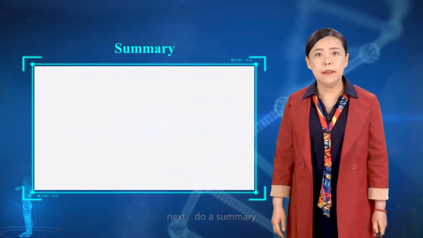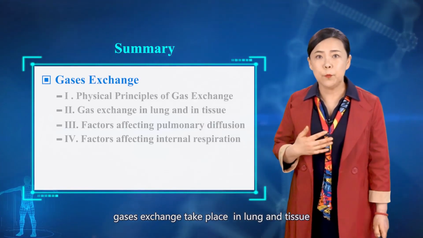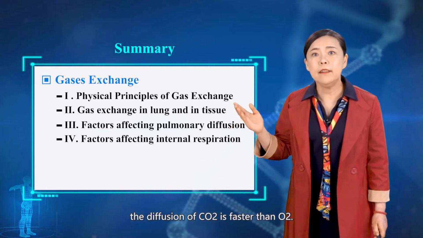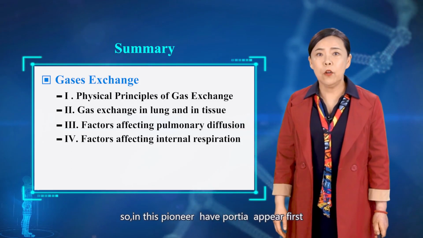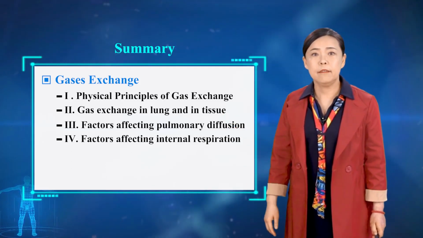Let's do a summary. Gas exchange takes place in the lungs and tissue. The diffusion of carbon dioxide is faster than oxygen. So in dyspnea, hypoxia appears first.